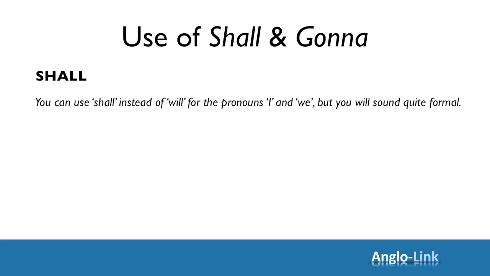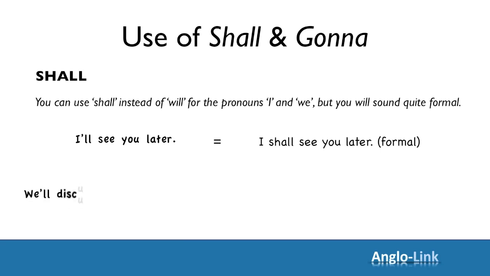You will be correct, but formal. So you might hear, or you might say in a formal situation, instead of "I'll see you later," you can say "I shall see you later." "We'll discuss this tomorrow." If you want to sound more formal, you could say "We shall discuss this tomorrow."